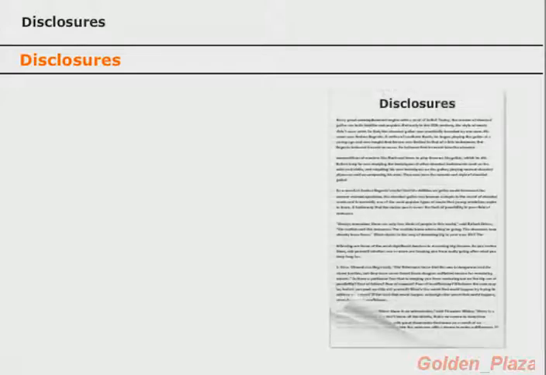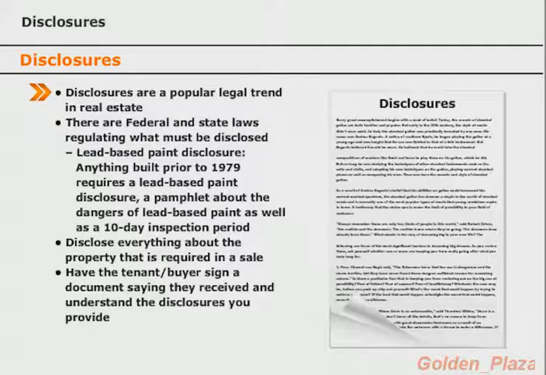And there is one more aspect of protecting your option that you should be aware of, and that is disclosures. Disclosures are a rather popular legal trend in all aspects of real estate right now. And it has become so popular that some states have adopted some rather extensive disclosure requirements on sales and leases.